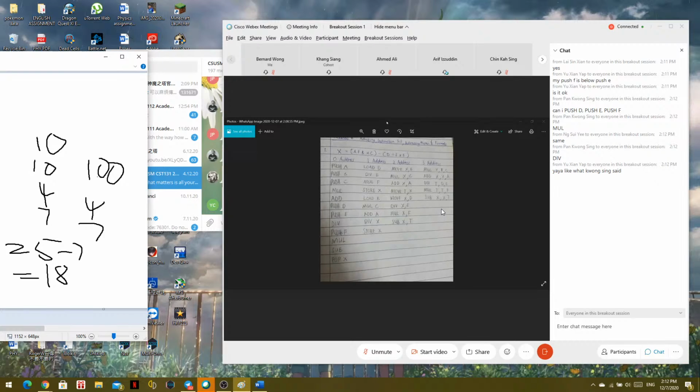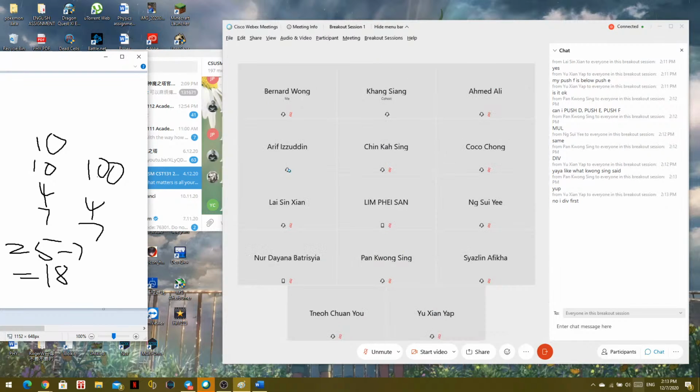You push D, push E, and then push F. If you push D, push E, and push F, then you use a multiply, right? Is that what you mean? And only then you divide. Do you think you will get the same answer? No. I'm a bit confused. Thanks Arif for sharing. You can unshare.